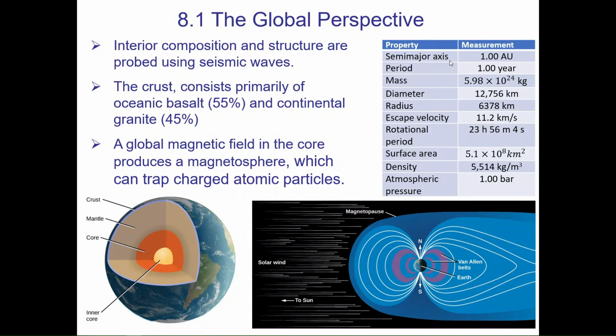the semi-major axis, basically how far away from the sun on average, is about 1 AU. That is how the AU is determined, if you still remember. The period is 1 Earth year, and this is the mass of the Earth. Earth is not the smallest, and it's not the largest planet in the solar system.